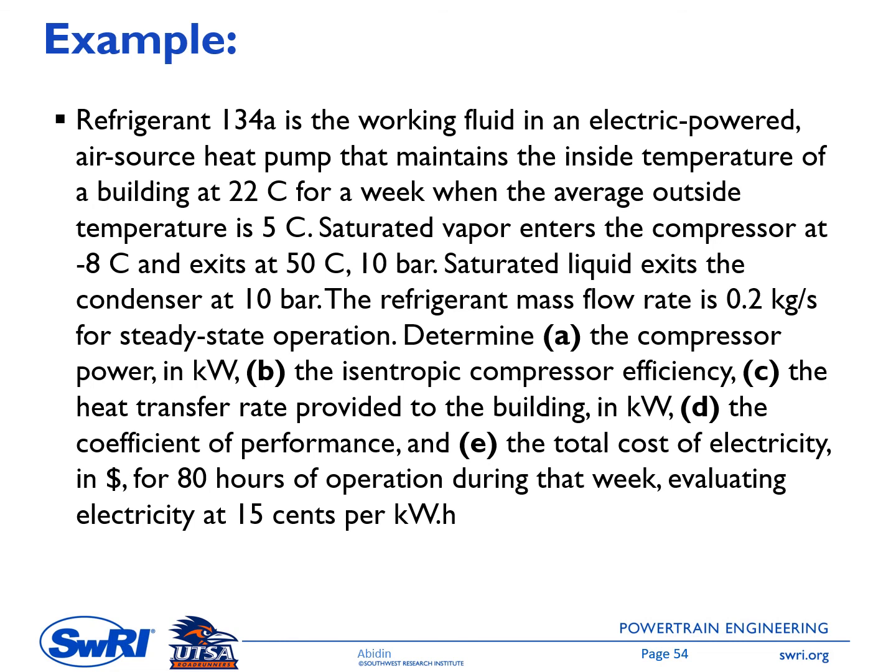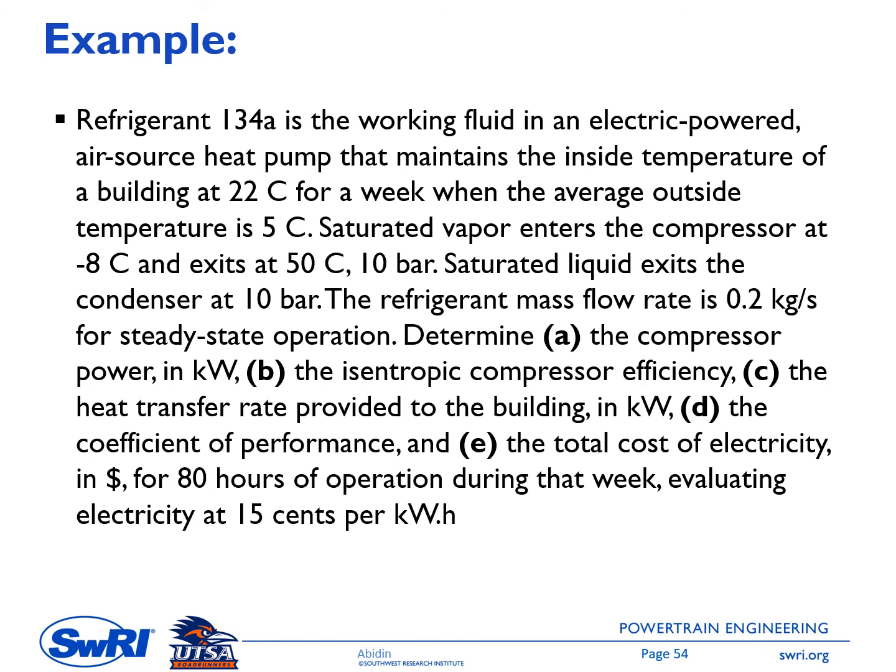Saturated vapor enters the compressor at -8 degrees C and exits at 50 degrees C and 10 bar. Saturated liquid exits the condenser at 10 bar. The refrigerant mass flow rate is 0.2 kg per second for steady state operation.